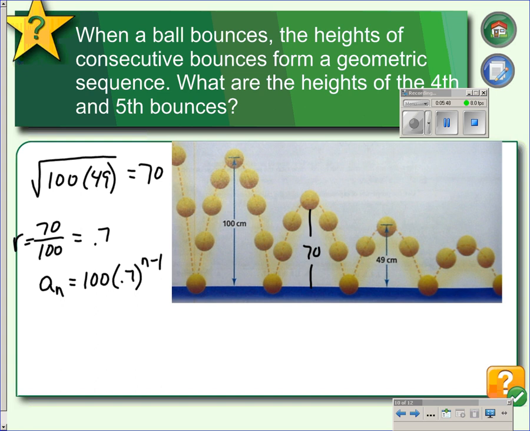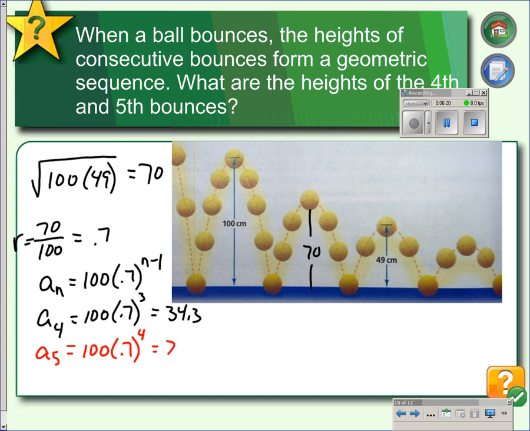So if we want to know the fourth term, A sub 4 would be 100 times 0.7 to the 4 minus 1 is 3. And that comes out to 34.3. The fifth bounce, A sub 5, would be 100 times 0.7 to the 5 minus 1 is 4, which is 24.01.